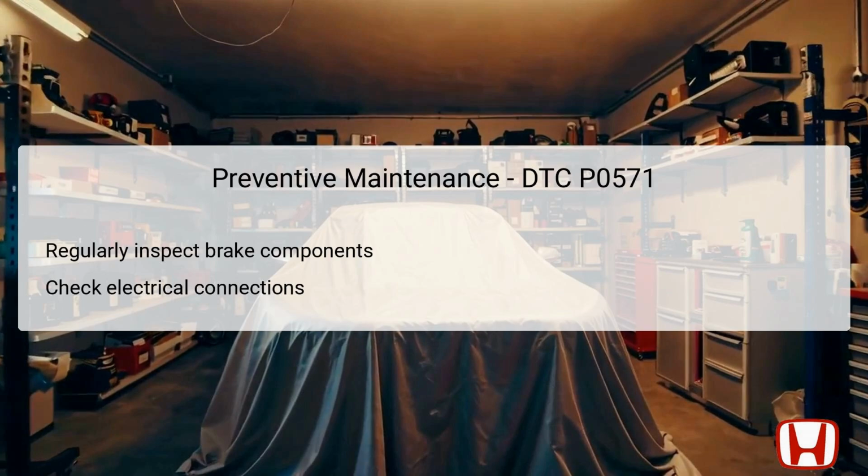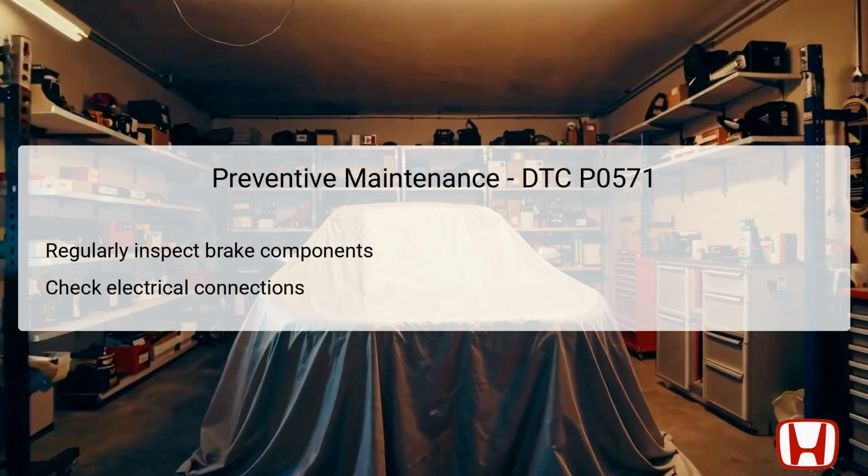Furthermore, ensuring that all electrical connections are secure and free from corrosion is vital, as these connections directly influence the functionality of the switch. Regular attention to the relevant fuses can also preempt potential failures, ensuring that the circuit remains undisturbed throughout its operational lifespan.